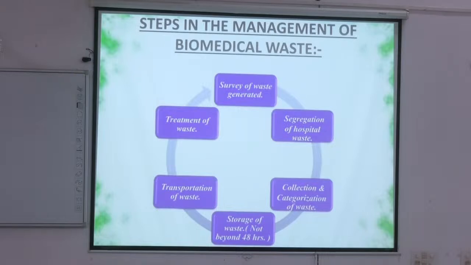As per the categorization you have to put it in different color coated bins. Then you have to store it in a common storage area, in your facility like hospital or any lab. Within 48 hours you have to dispatch it. And where to dispatch? You have to dispatch it to a common treatment facility or any agency.